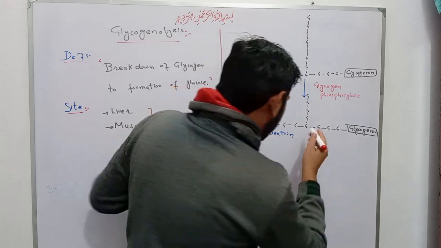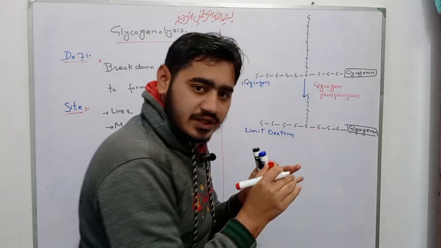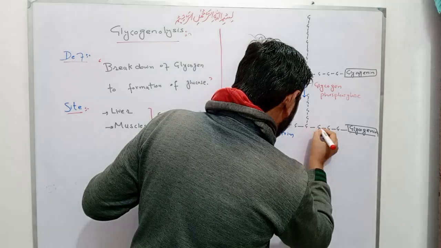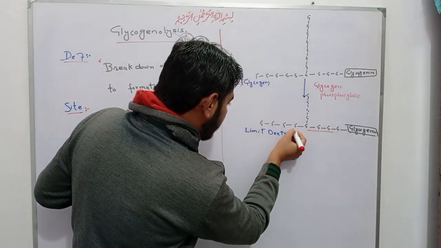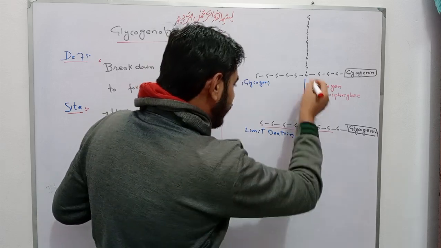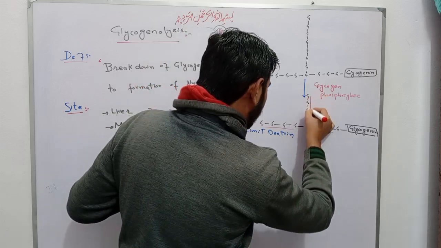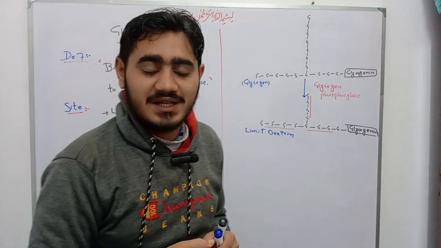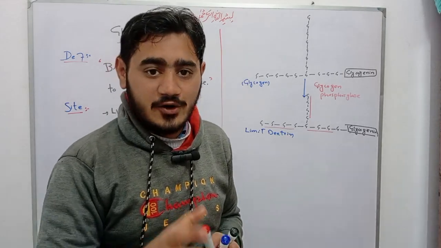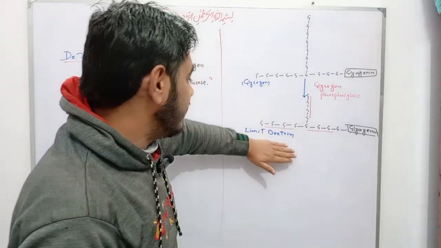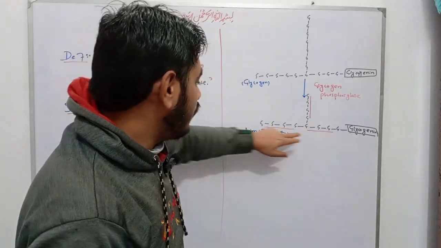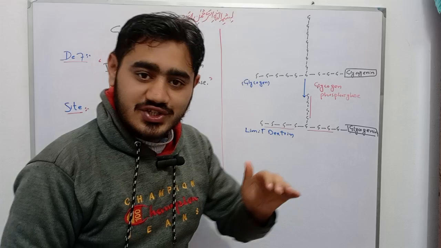It has four glucose residues on each side. One, two, three, four: these four glucose residues. From here there are four glucose residues, and from the upper side there are four glucose residues. It is the partially hydrolyzed form of glycogen, that is limit dextrin.